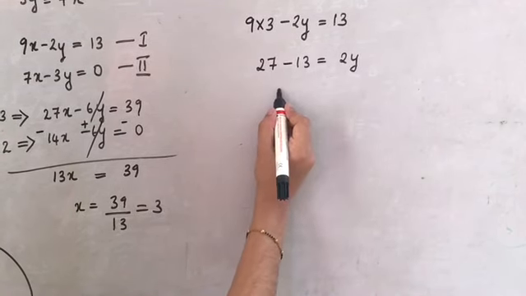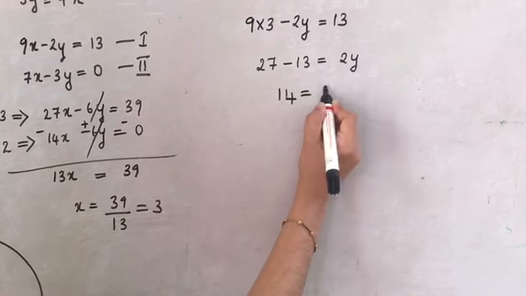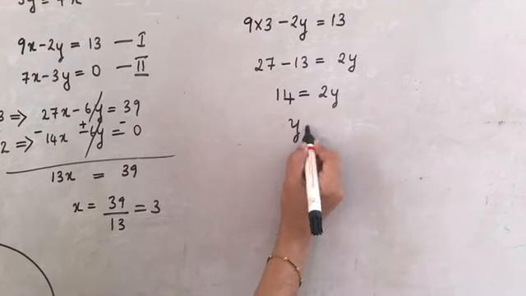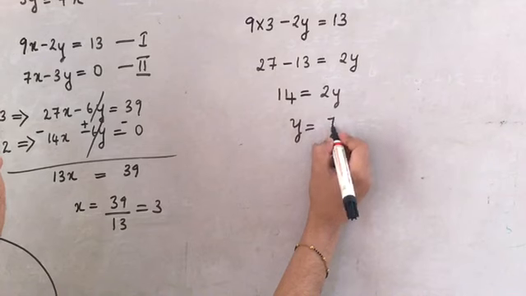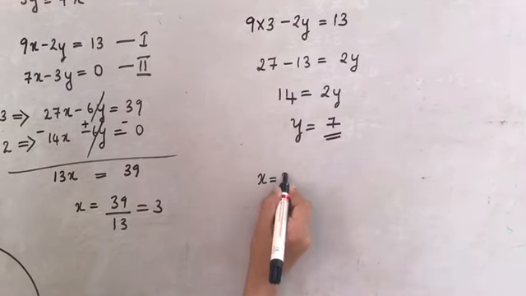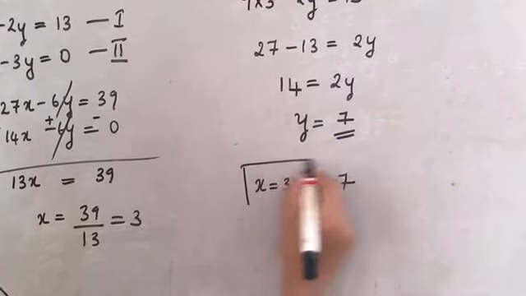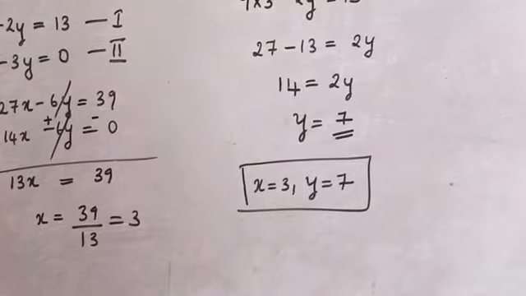So we get y equals 14 by 2, that is equal to 7. So we get x is equal to 3 and y is equal to 7. Just have a look at the problem.